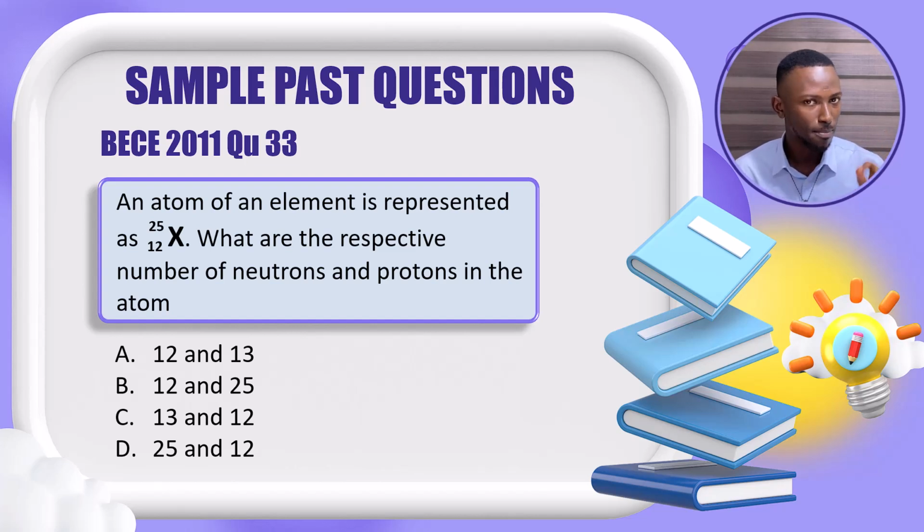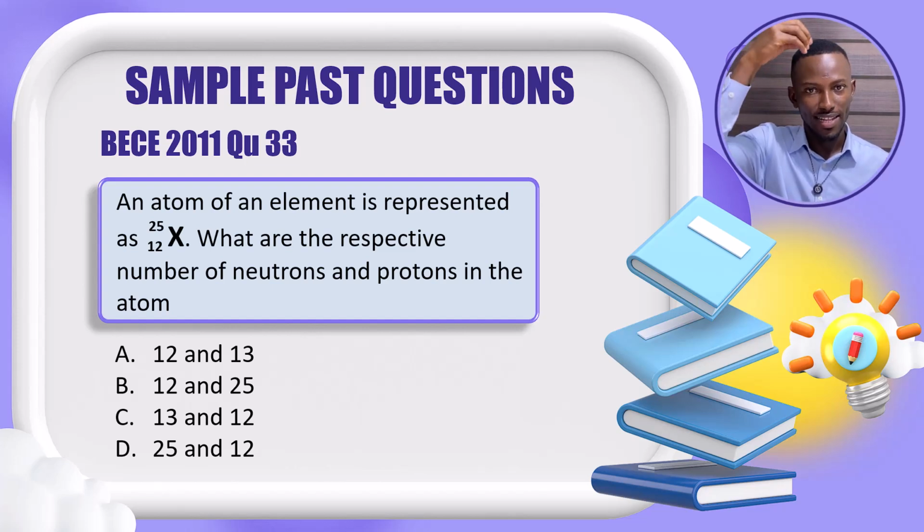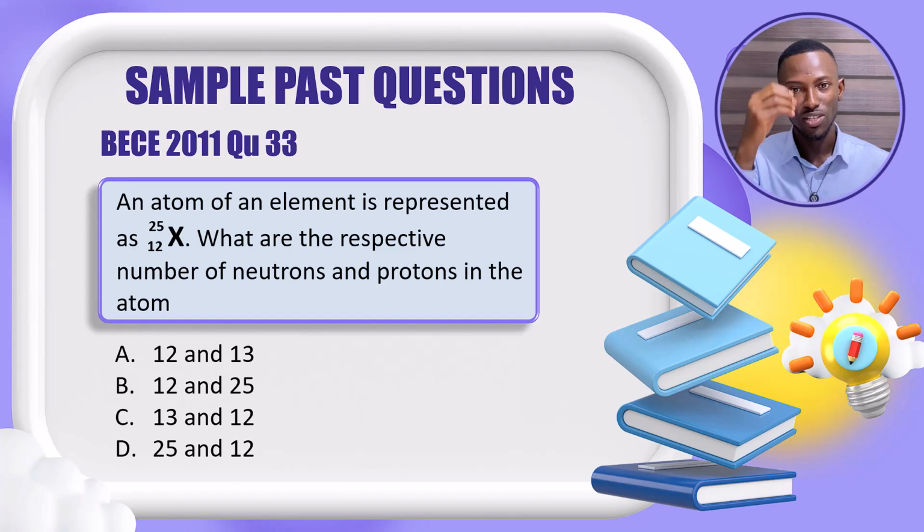So we now have to find the number of neutrons. The number of neutrons will be the mass number, the number at the top, 25, minus the proton number, 12. So 25 minus 12 gives us 13. So the neutron number is 13 and the number of protons is 12. The answer is 13 and 12.